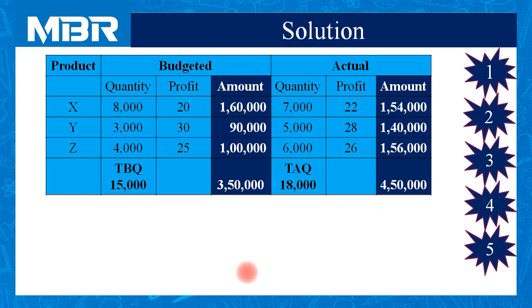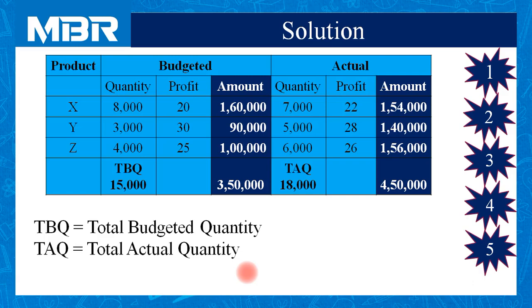The pattern of calculation remains the same for value-based variances and profit-based variances. As we all know, TBQ stands for total budgeted quantity and TAQ stands for total actual quantity.